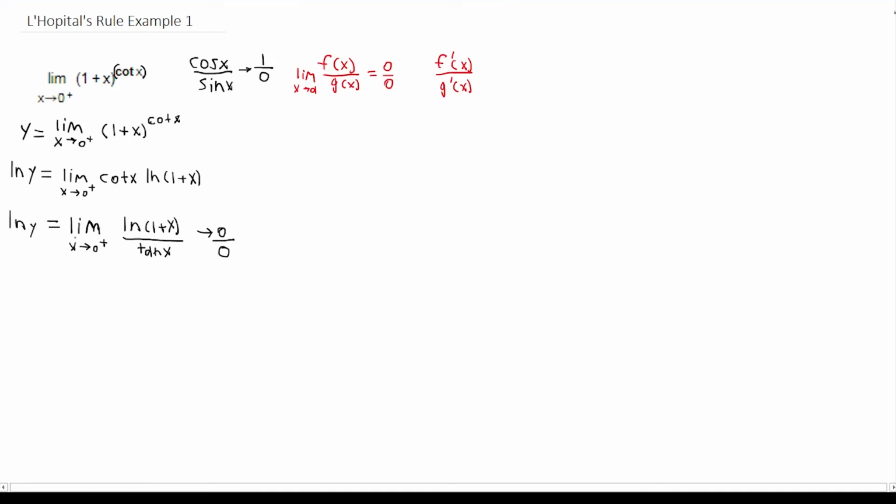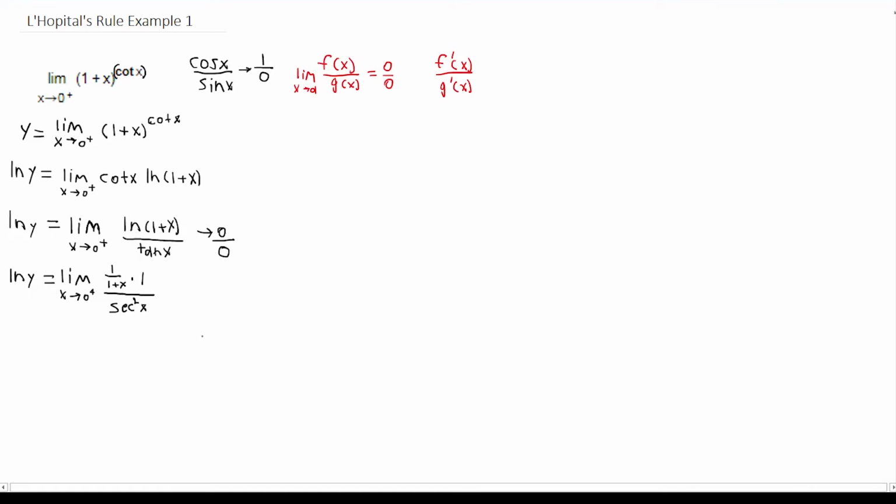So, if we have the ln of y equals the limit as x approaches 0 from the right of the derivative of the top and bottom, that gives us 1 over 1 plus x times the derivative of 1 plus x, which is just 1, all of that over the derivative of tan x, which is secant squared x. And now, at this point, we can do a direct sub.